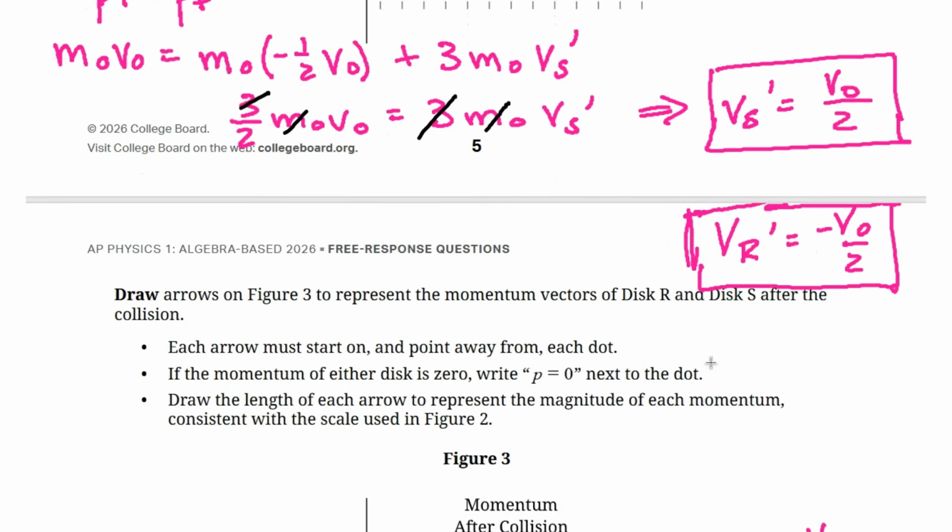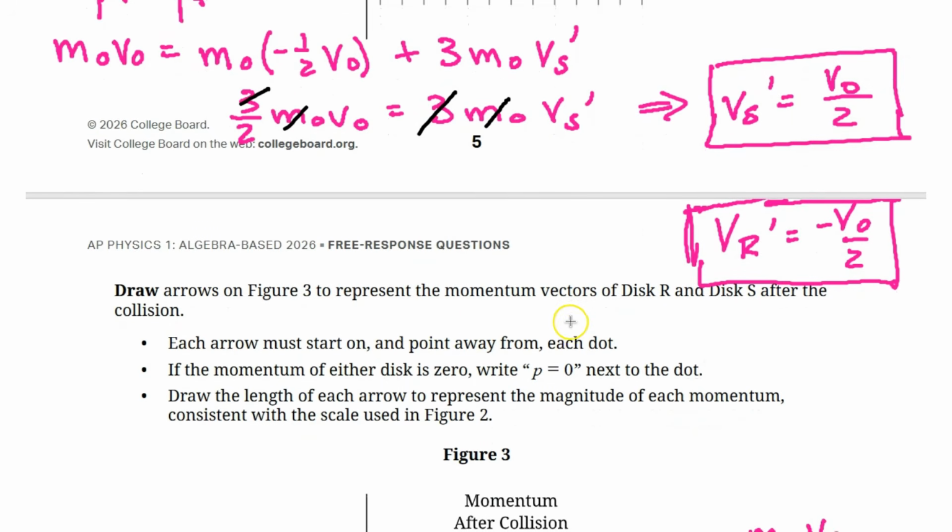Draw arrows on figure 3 to represent the momentum vectors of disk R and disk S after the collision. Each arrow must start on and point away from each dot. If the momentum of either disk is 0, write p equals 0 next to the dot. Draw the length of each arrow to represent the magnitude of each momentum consistent with the scale used in figure 2.